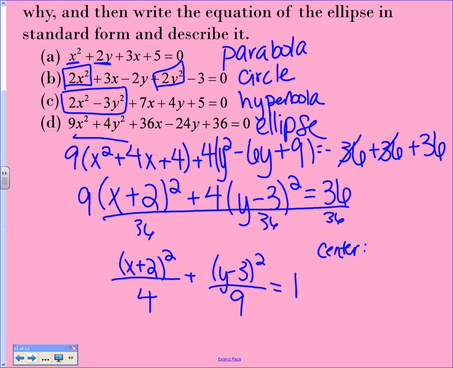Okay, the center is negative 2, 3. Okay, what else do we know about ellipse? It is vertical. Why is it vertical? The bigger number is on the y, so it goes up more and down more. Major axis is 6. And that's really, if we're just supposed to describe it, that's really all we know. That's all we can tell about it.